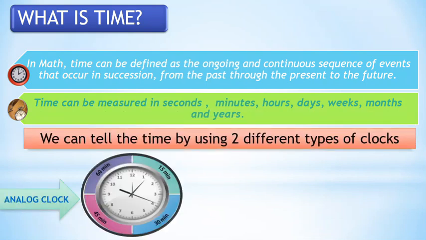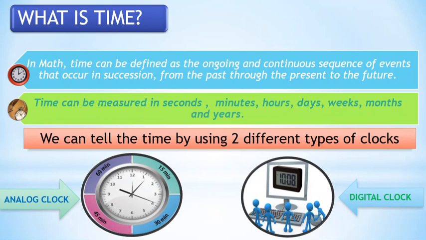We can tell the time by using two different types of clocks. You can see on the left hand side, it is the same kind of clock we use in our houses, where numbers are written from 1 till 12.